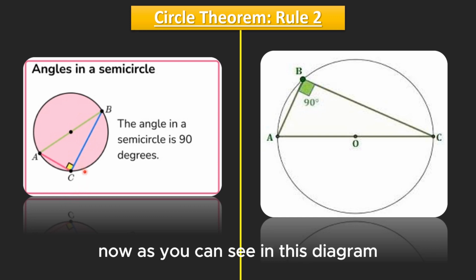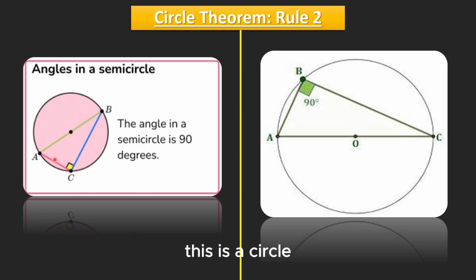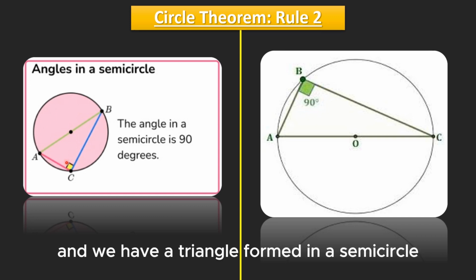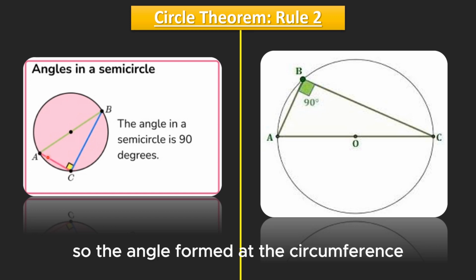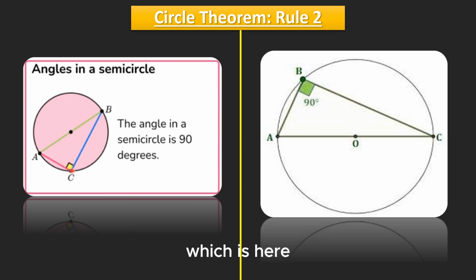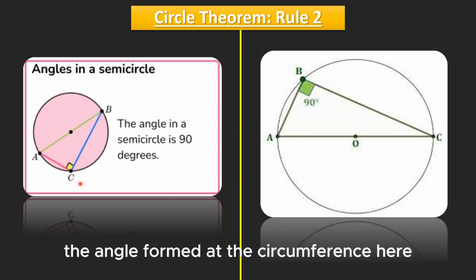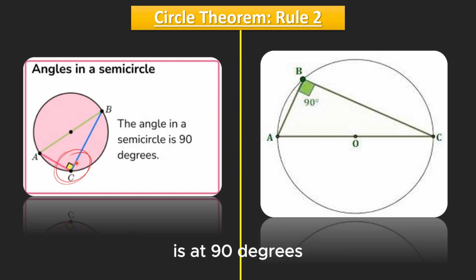Now, as you can see in this diagram, this is a circle and we have a triangle formed in a semicircle. So the angle formed at the circumference, which is here, is at 90 degrees.